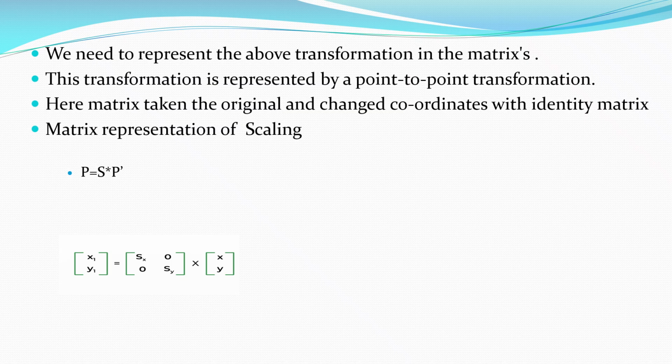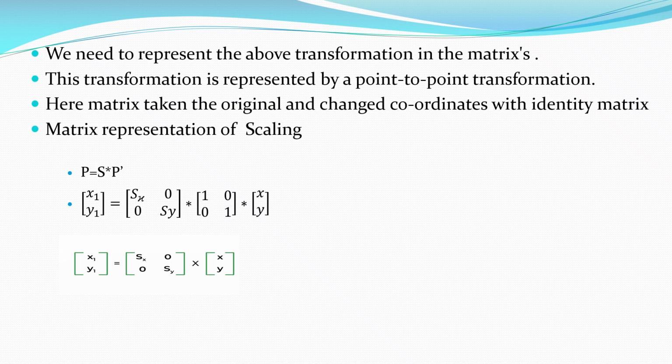We have to multiply the original x, y with the scaling parameters. The concept is simple: multiply with the scaling parameters. So x1, y1 is the changed one, and s of x, s of y is the scaling parameter. You multiply this with the identity matrix and your original x, y parameters. After multiplying with the identity matrix, we get s of x, s of y into our original x, y.